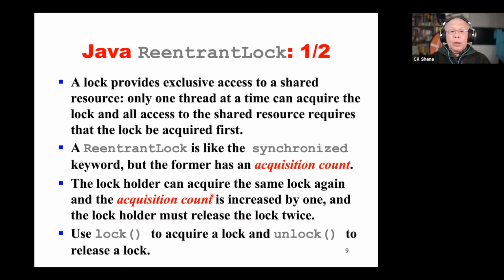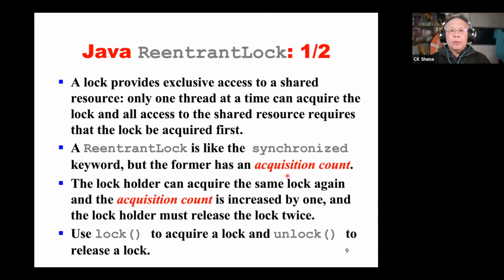So the reentrant lock allows the lock owner to lock the lock again, which is something in this course we do not recommend you to do as a beginner. The acquisition count is initially 0 if no one locks the lock. If thread A successfully acquires the lock, the acquisition count is increased by 1.